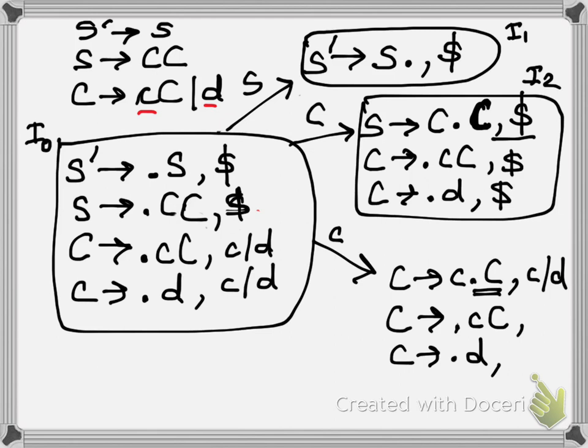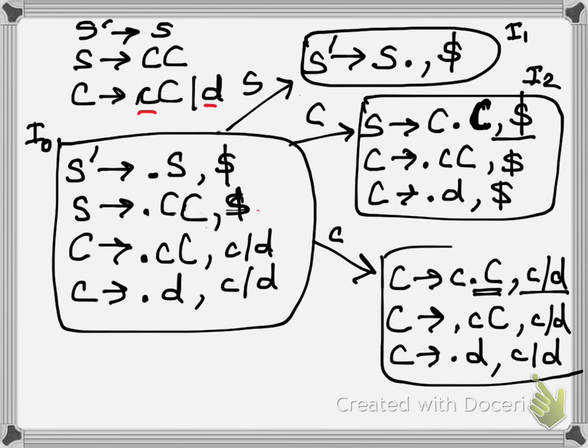After C, what is there? First of C or D, which is C or D only. Similarly, for this also it would be C and D. So this is our set I3.